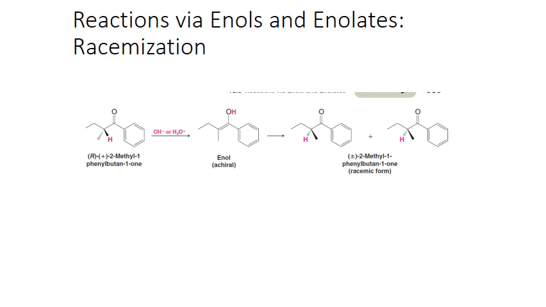That is to say, the ketone is transformed into two equal amounts of the enantiomers. That is what is called racemization.